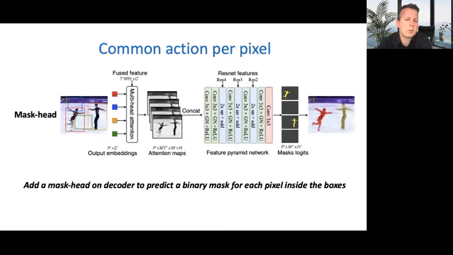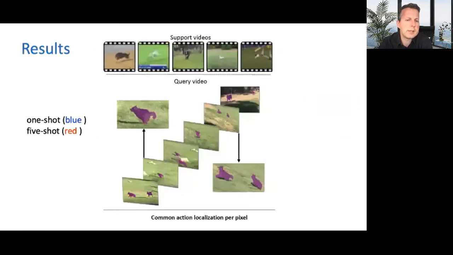Now, we also extended our approach to common action recognition per pixel. And this is actually quite straightforward because we simply add a mask head on top of the decoder outputs from the transformer. And this predicts a binary mask for each pixel inside the predicted boxes. And here we see some qualitative results.